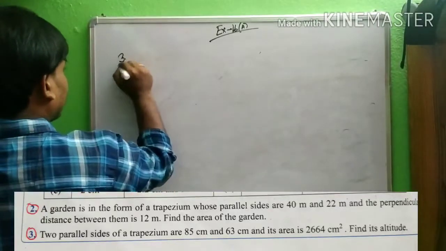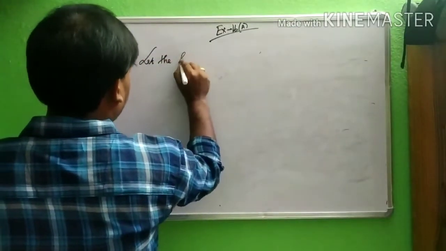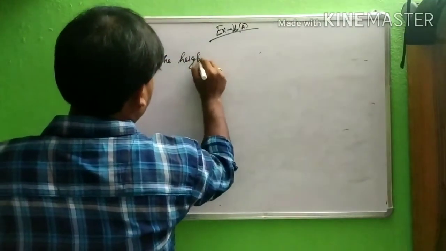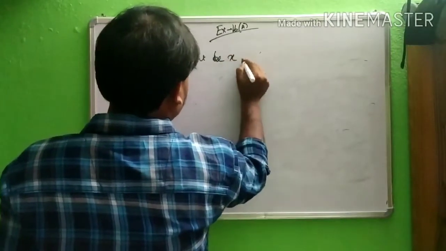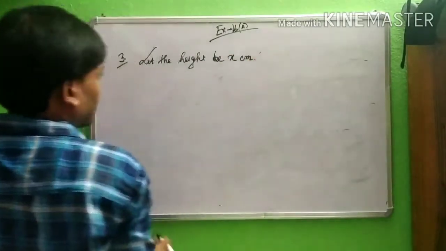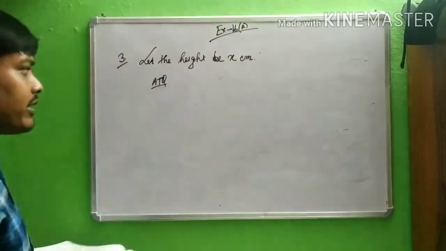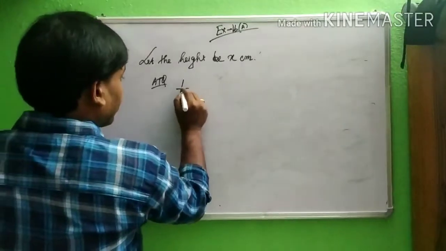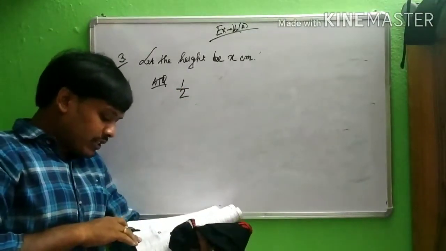So, 3 number question: let the height or altitude, same thing, be x centimeter. So ATQ, according to the question, area is given.